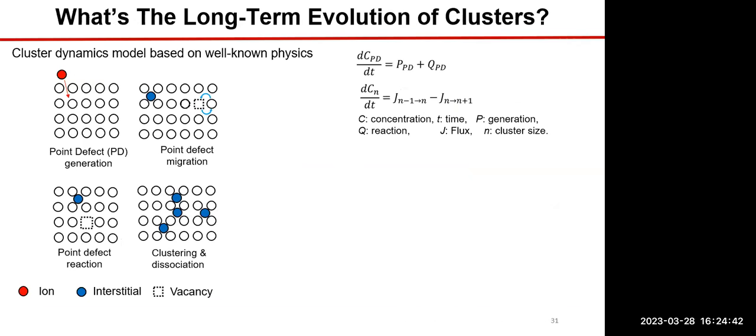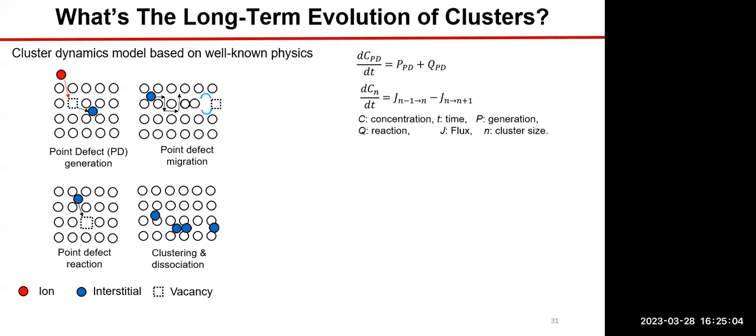And in the simulation part, we have developed a multiscale cluster dynamics model based on some well-known physics, like point defect generation, as shown here, and also defect migration, and defect reactions, whether it's recombination or forming some clusters.